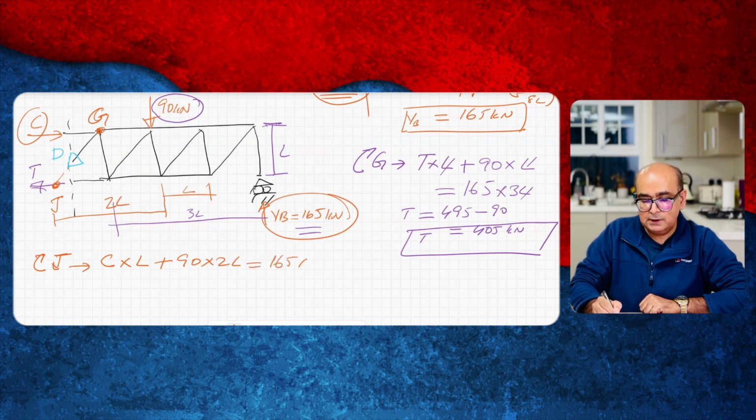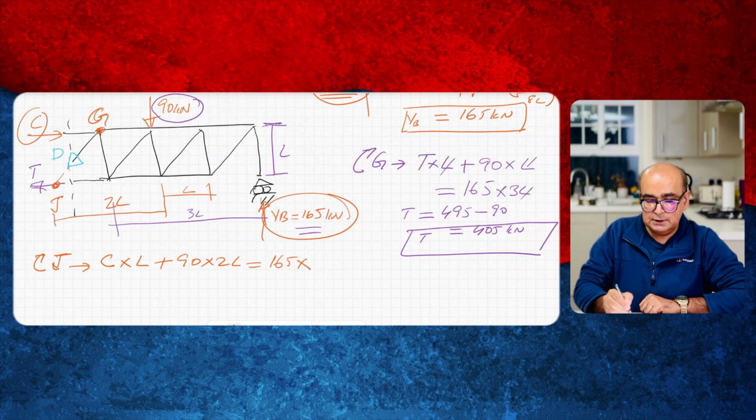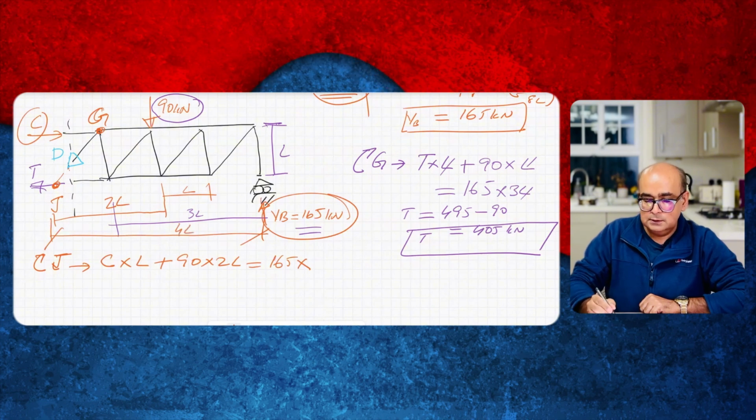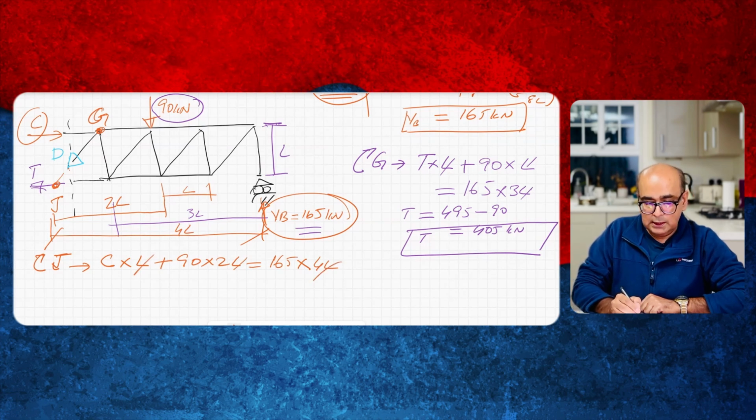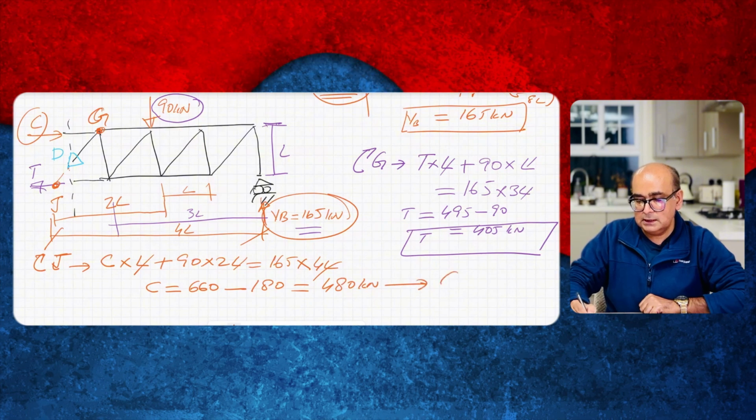So 165 times the distance between reaction and J is 4L. So times 4L, L and L will get cancelled, and all I will get is C is equal to 660. Take away 90 times 2 is 180, and this will give me 480 kilonewton, and that is in compression. The earlier one was tension.